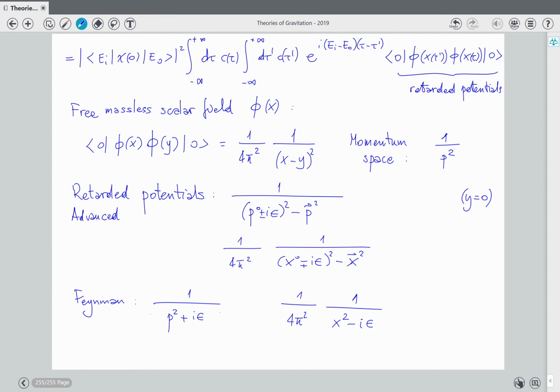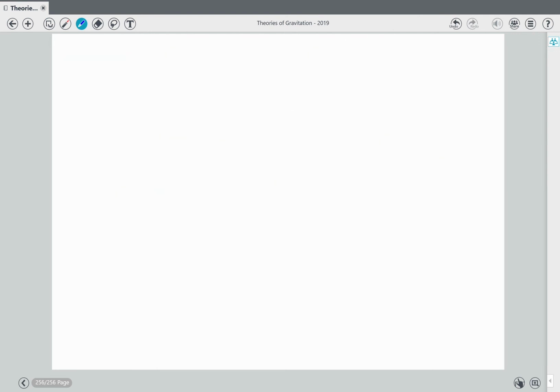Actually, yes, okay. So the probability is equal to, let's write the integral.